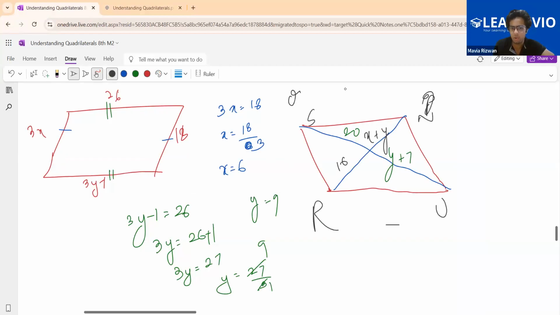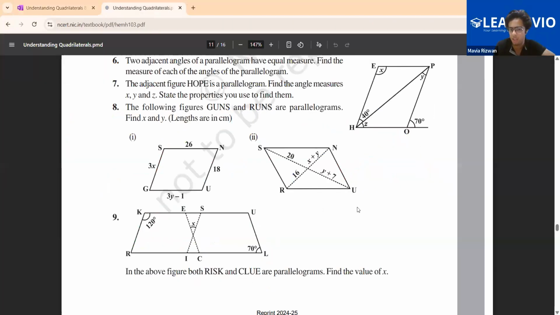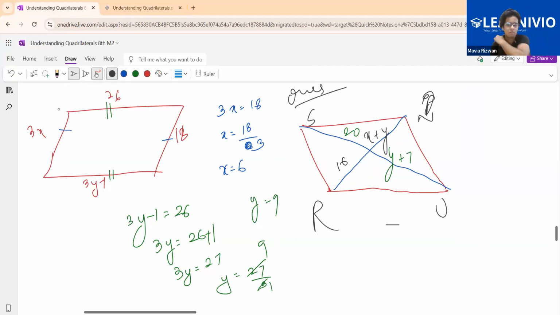You have to find out the value of x and y. I hope the figure is clear from here. You can have a look here also. So x plus y is this one, 16 is this one, 20 is this one, 5 plus 7 is this one. So now please try it down. Once you have written this, please try it down. And Abubakar and Priyanka, you can directly try it down.